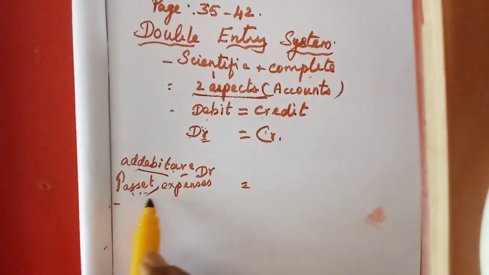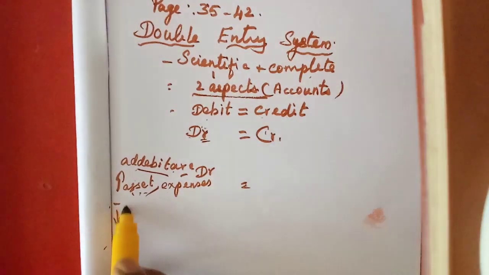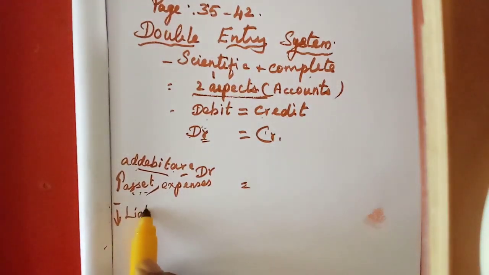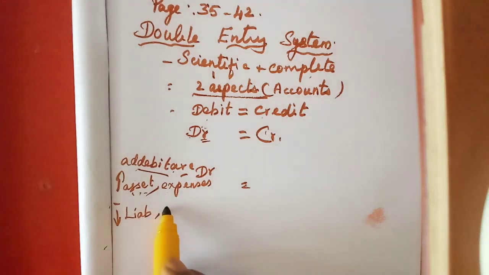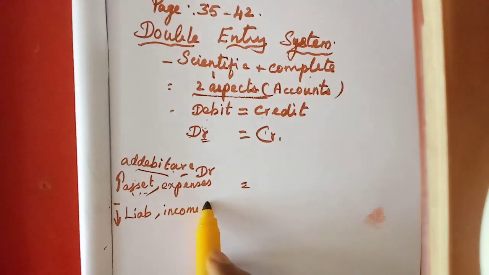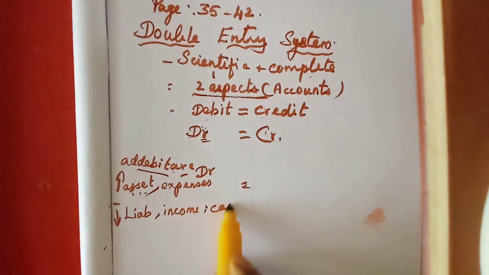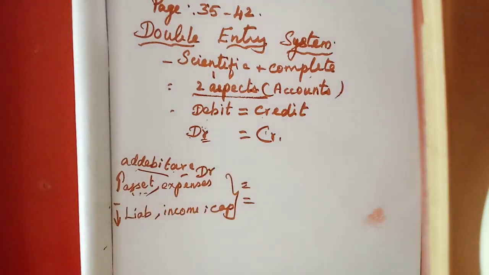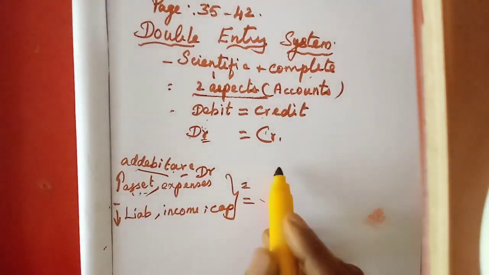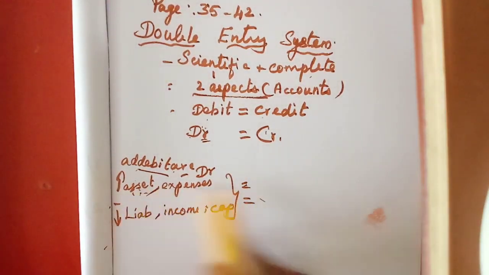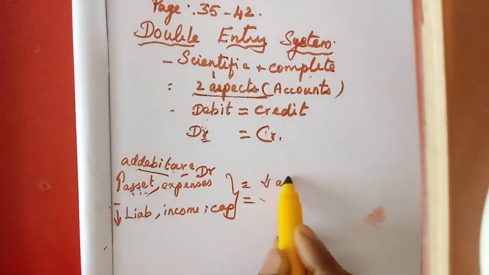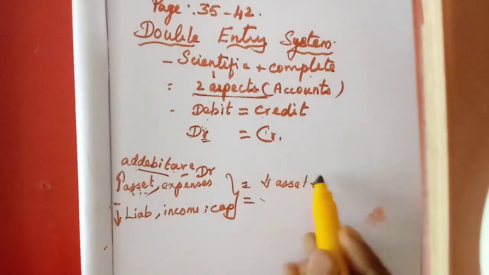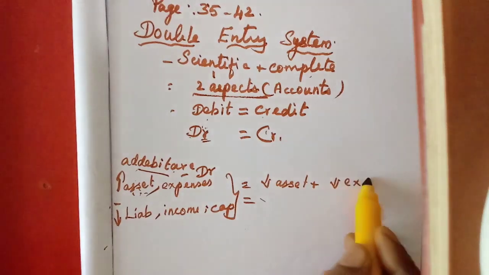Any decrease in the liability or any decrease in the income or any decrease in the capital, all these are debits. So the opposite will be the credit: any decrease in asset or any decrease in expenses.